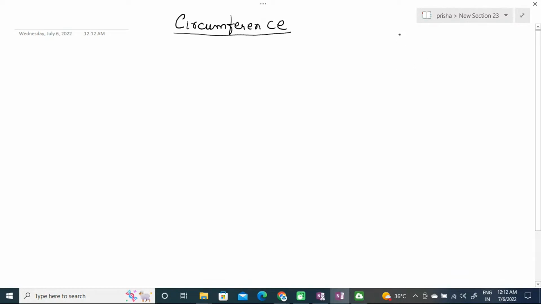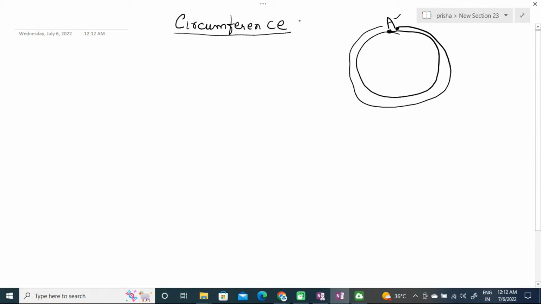For example, this is our circle. Now the length from point A, moving from here to here and here to here, this total length is termed as the circumference of the circle. That means the total length of the circle is equal to the circumference of the circle.